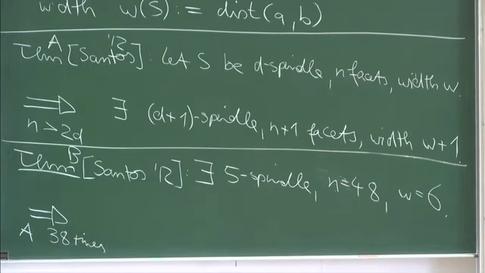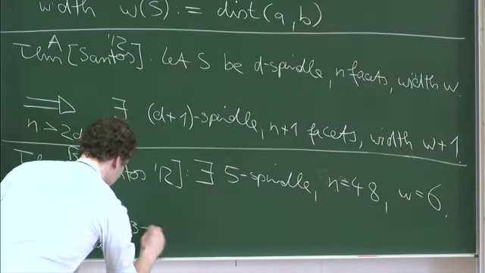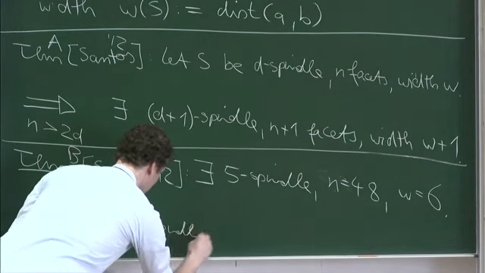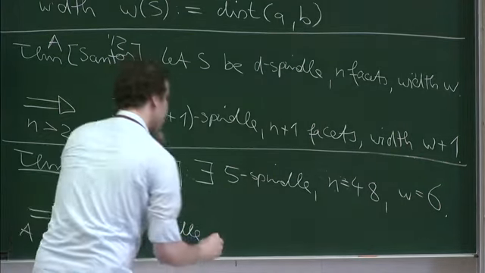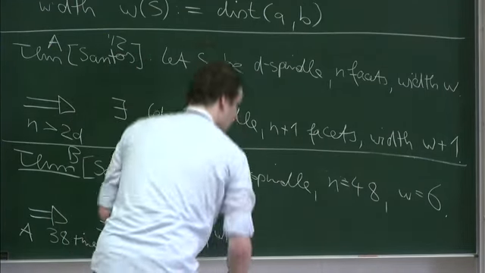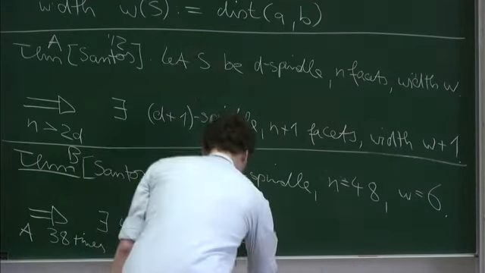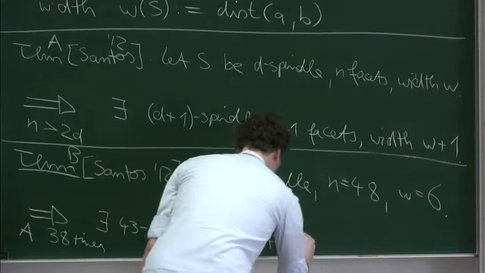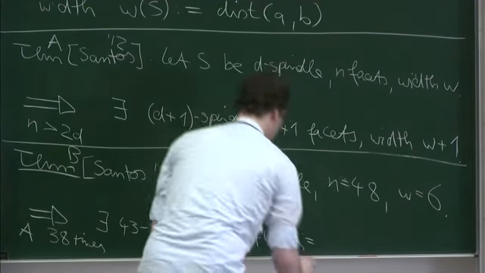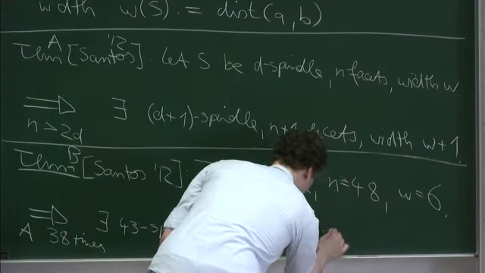You get a 43-dimensional spindle with width 44, and n is equal to 86.